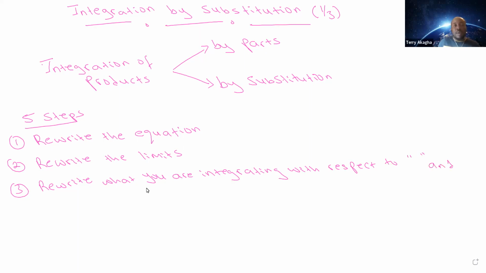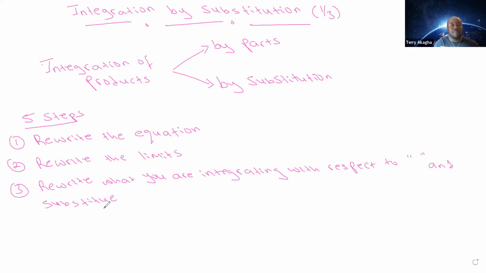So the first step is you rewrite the equation. When you're done rewriting it, you rewrite the limit. When you're done rewriting the limit, you rewrite what you're integrating with respect to the variable, and after that you then substitute.